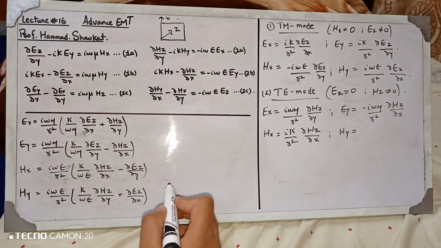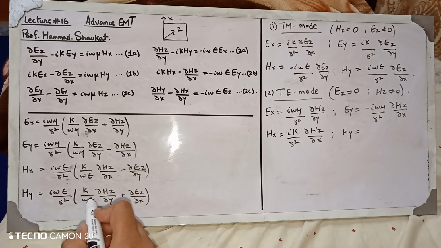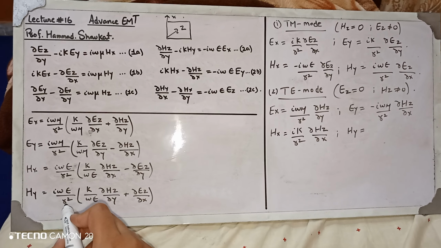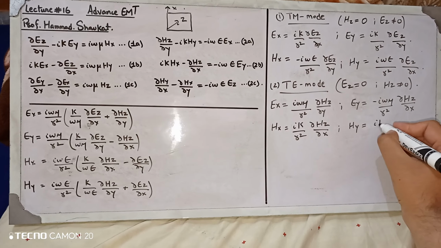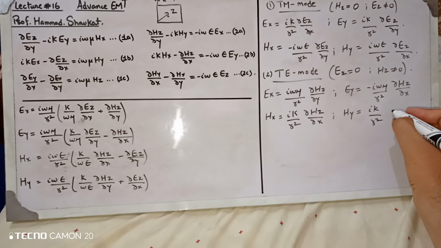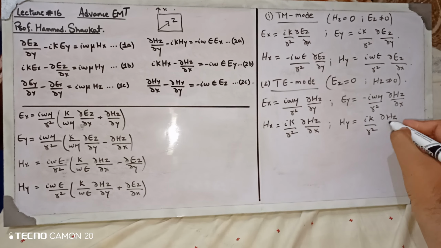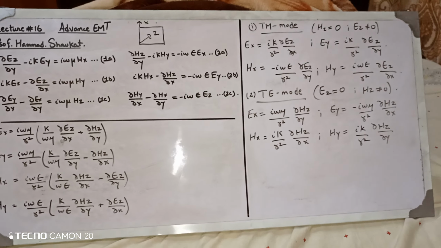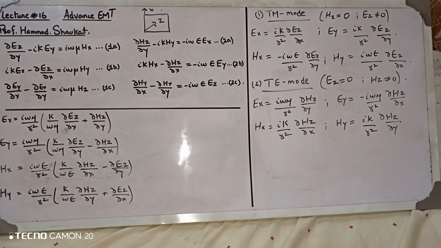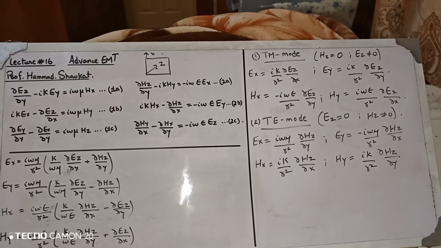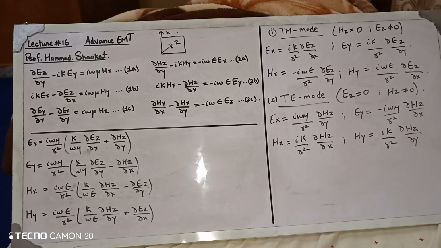Sorry, Ez becomes 0. You will only be left with this and this. Omega epsilon cancels with omega epsilon. You will only be left with iota k divided by r square, and partial Hz by partial y as it is. So these are the expressions of Ex, Ey, Hx and Hy in TM and TE mode.